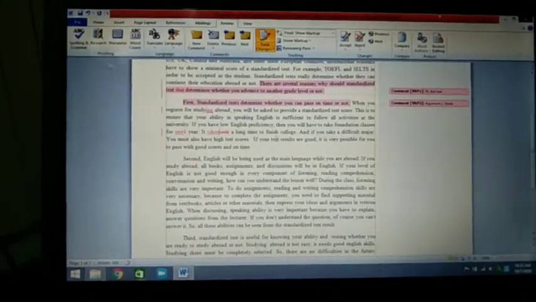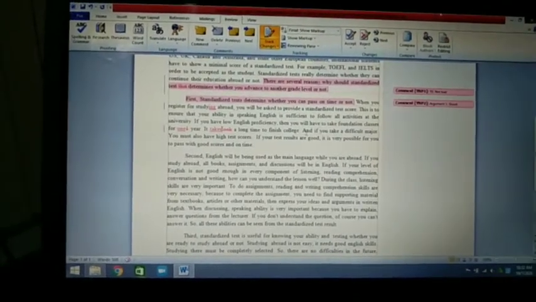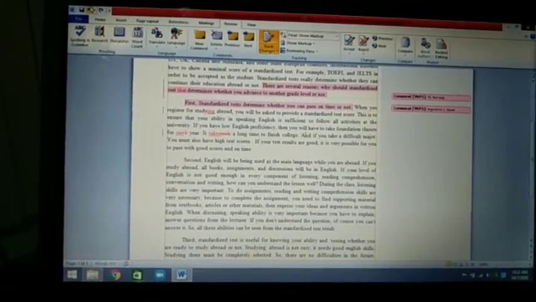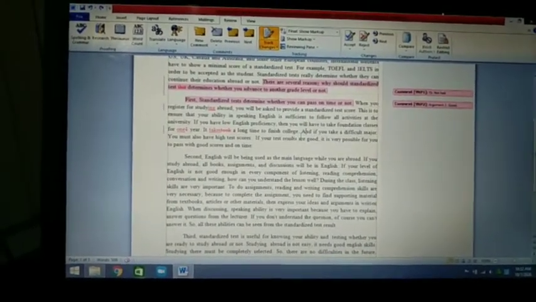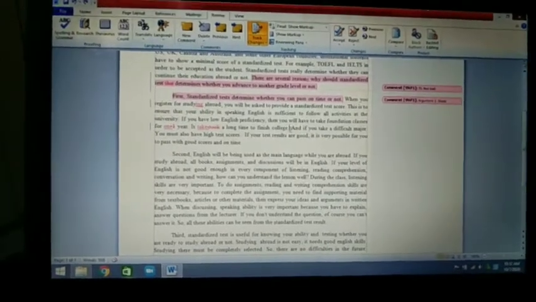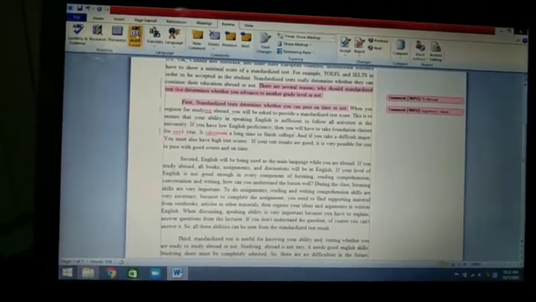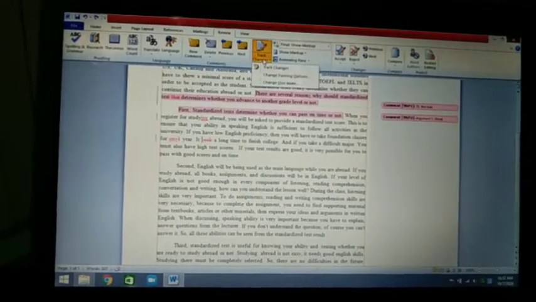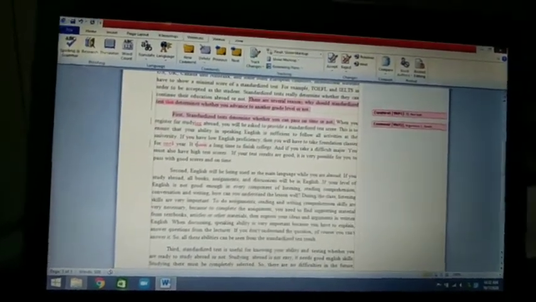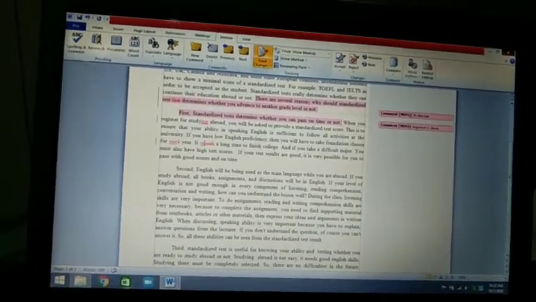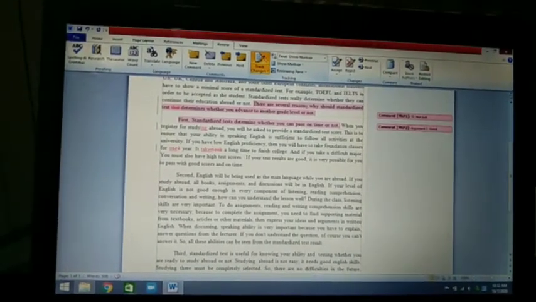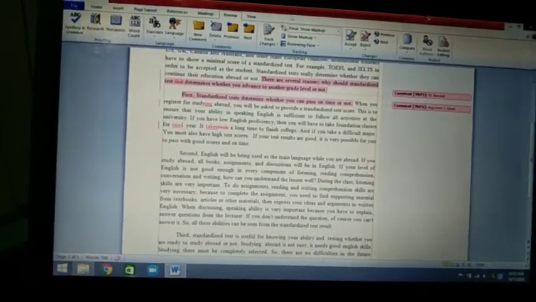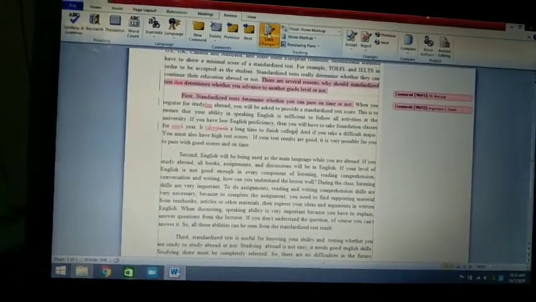It takes a long time to finish college, and if you don't need a dot. It takes a long time to finish college. Okay, we don't need a dot, but why don't you use a comma like this?